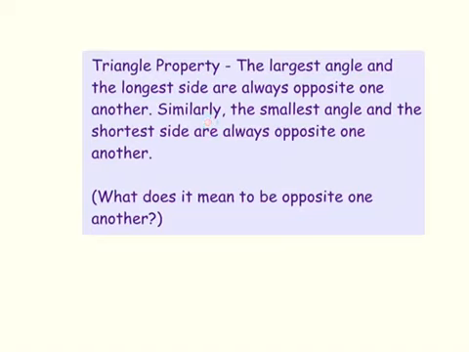And similarly, the smallest angle and the shortest side are always opposite one another. And opposite of each other means that it is opposite it in the triangle. So if this is my triangle, this angle and this side are opposites of each other.